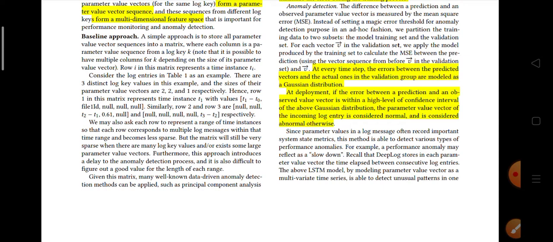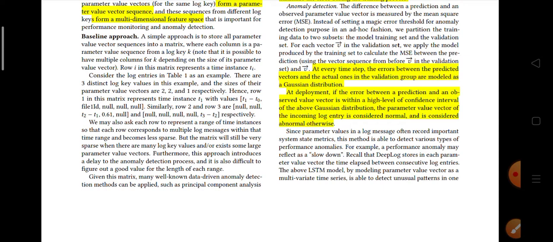For that, in this paper they have a validation set of files, and estimated the Gaussian distribution of that validation group's predictions, and if there is any deviation beyond that distribution's limit value, the confidence interval value, then we represent that as an anomaly.